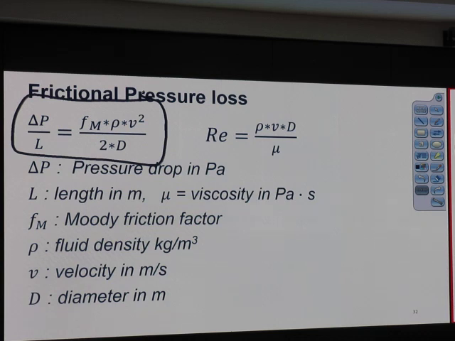So for gas phase, we have something like Panhandle B to do the calculation of pressure drop. It will be easier to use. But this equation is theoretically also applicable for the gas phase. The length, everything we can use, right? Very easy.